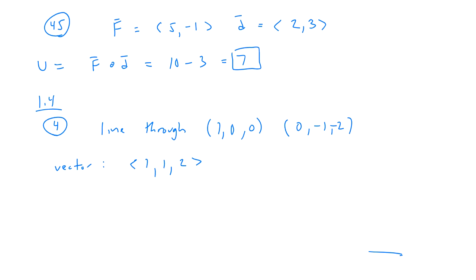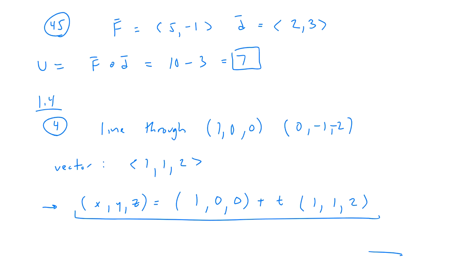But negative 1, negative 1, negative 2 is fine. Although to be consistent, should probably start with the 0, negative 1, 2, but it doesn't really matter. And there is our equation of the line.